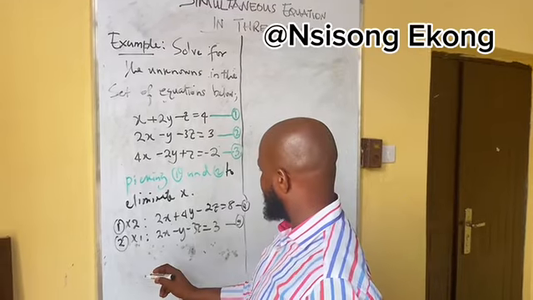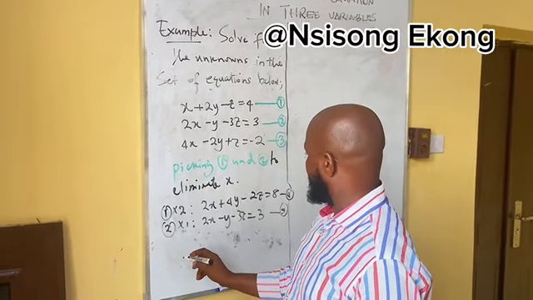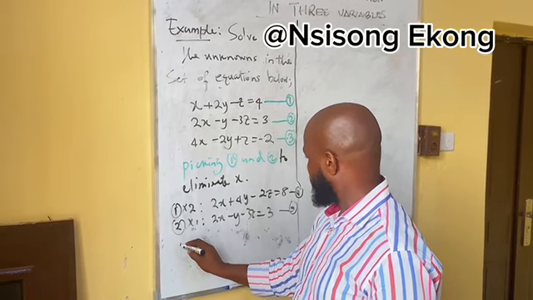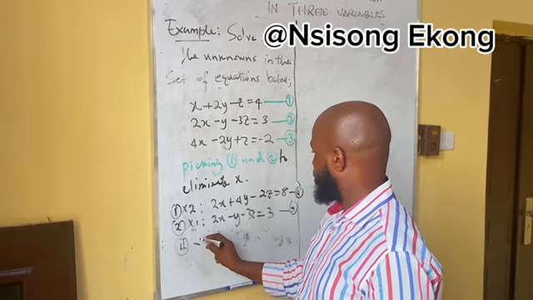So at this point, so we can eliminate the variable x, we say equation 4 minus equation 5.